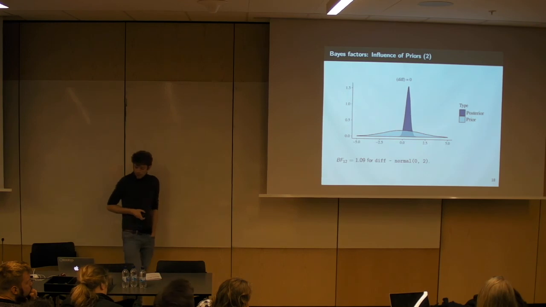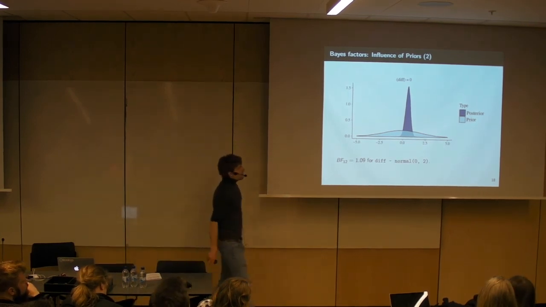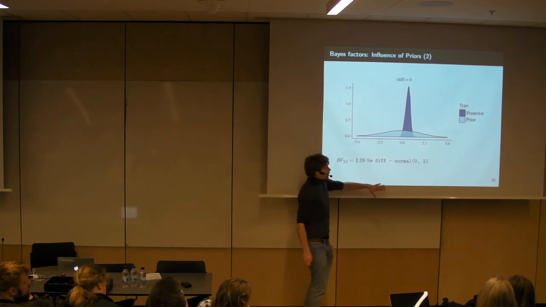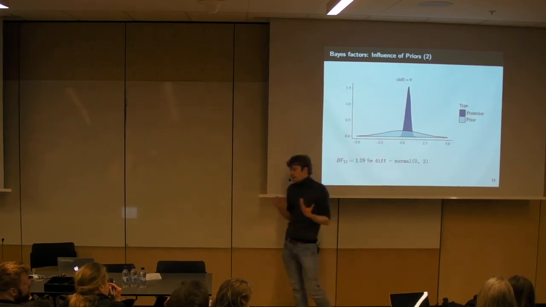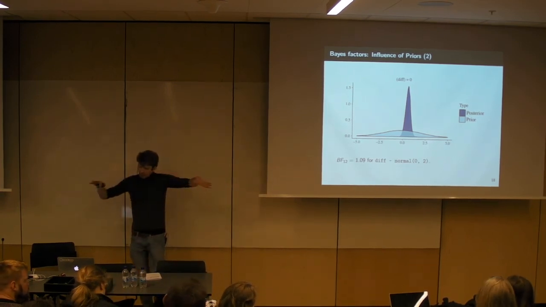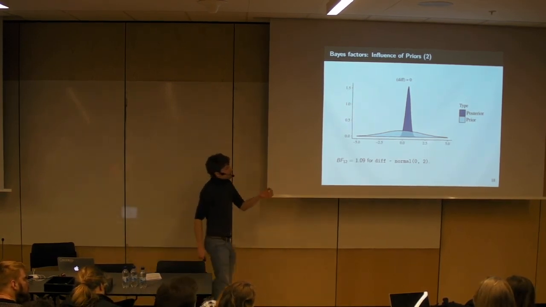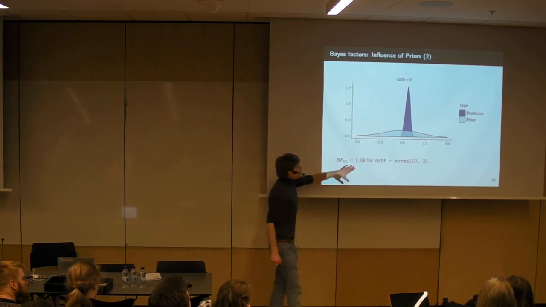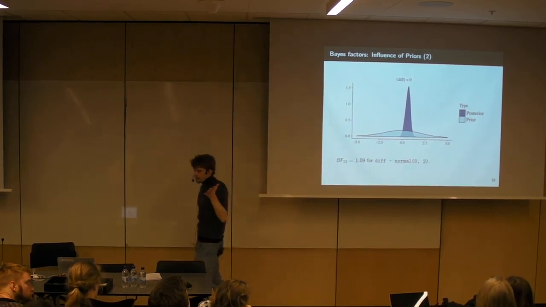But then, if we change the prior to a much wider prior, a normal distribution with mean 0 and a standard deviation of 2 as compared to 0.5, the prior gets flatter. The posterior isn't affected that much, so compare this posterior to this one, it's not hugely different, but the Bayes factor is changed by a factor of 3, roughly.